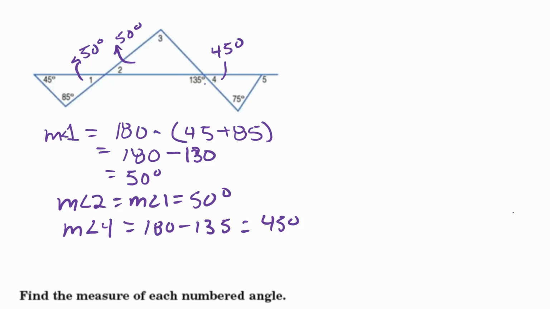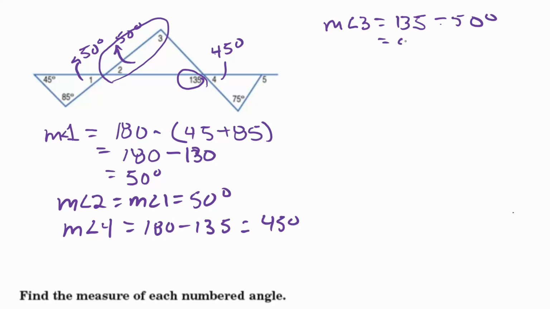I know that this right here is an exterior angle, and I know that these two right here have to sum up to be that. So to find the measure of angle 3, I would do 135 minus 50 degrees, which would give us 85 degrees.